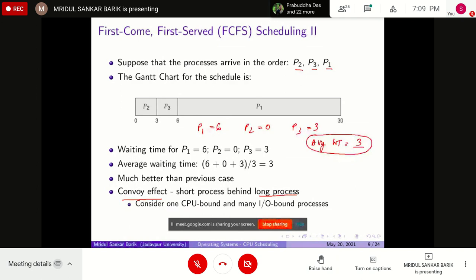Like say if we have a VIP convoy in front of us and that VIP convoy is moving very slowly, then even if we can drive much faster than that VIP convoy, we cannot drive faster. So the average waiting time will increase for all the vehicles which are behind the VIP convoy. That's why it is called the convoy effect.